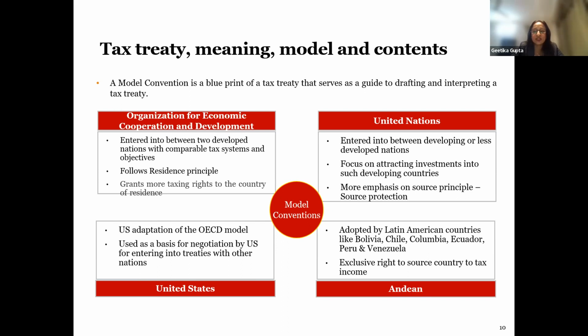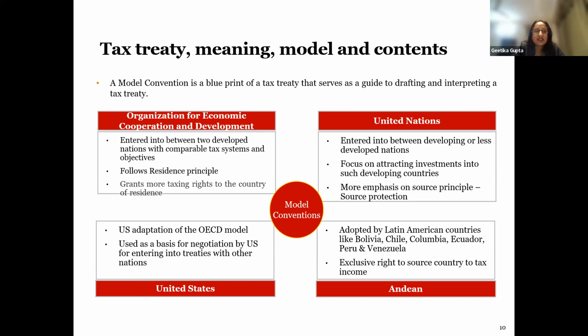So OECD, UN, US are the most common ones. See, these are only model conventions. When it is actually a tax treaty between the two nations, that treaty is negotiated between the two countries, and then a treaty is formed. So the OECD, UN and US models are schools of thought.